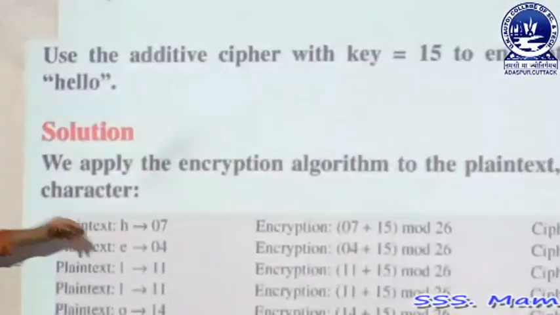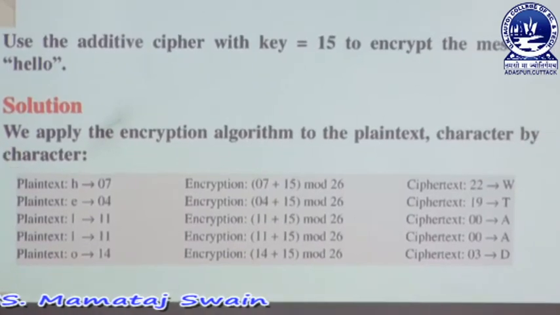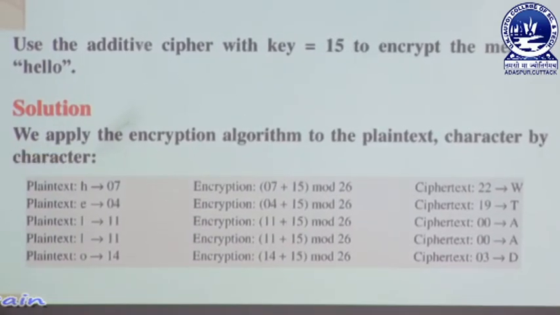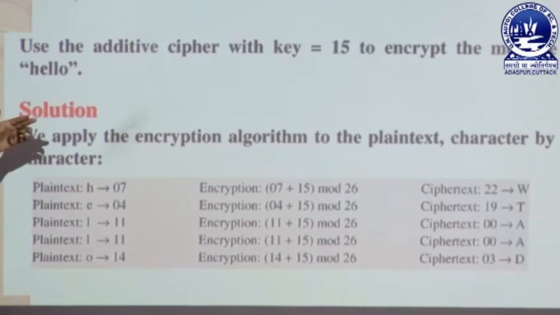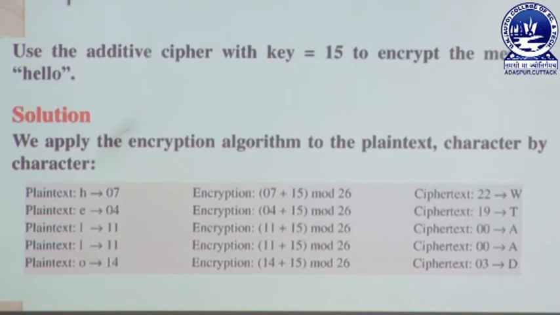In the second alphabet E, which numeric value is 04, that is added to the key value, 04 plus 15, and find out its mod 26, which is 19, and this ciphertext integer value 19 is then replaced by its corresponding alphabet, that is T. In this way, when we encrypt this hello by using the key 15, our encrypted message is WTAAD, that is the ciphertext of the plain text hello.